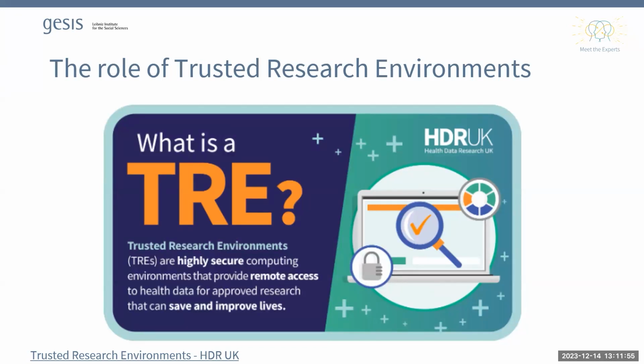And there are other terms for a TRE: safe haven, secure data service, secure data center. All of these terms essentially are talking about the same thing. And the role of these environments, these TREs, is to enable us to ensure that when researchers use these data, they're doing it safely and ethically.